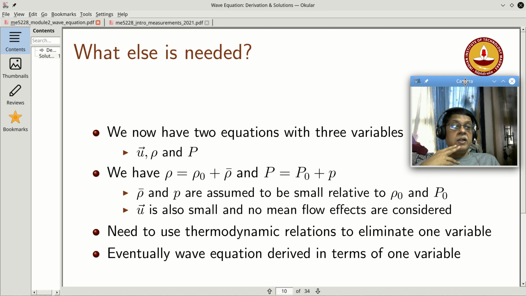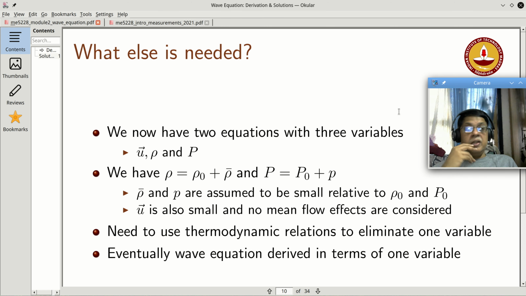Let's look at the scenario that we have. Strictly, if I consider the u vector as one variable rather than ux, uy, uz, maybe we look at it as ux, uy, uz, in which case I have ux, uy, uz, rho, which is another variable, and capital P, which is the pressure.